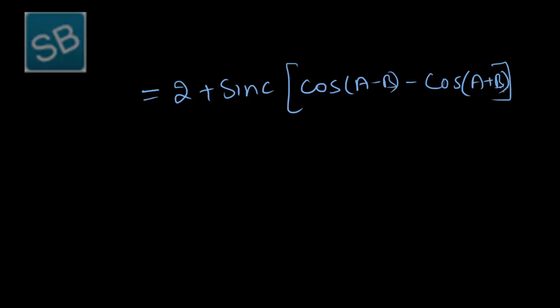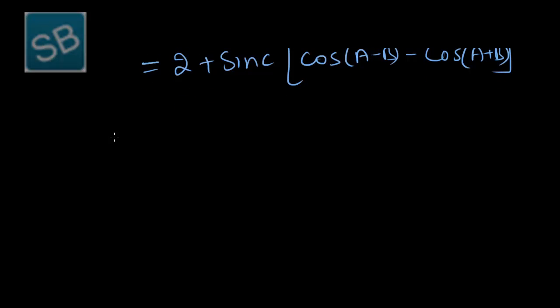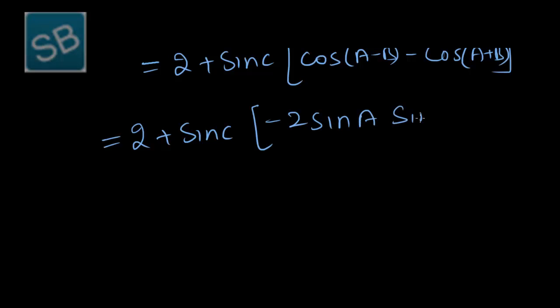So we'll again use here sum or difference in the form of product. So it becomes cos a minus b minus cos a plus b. In the same form we will get 2 sin a sin of minus b, as done in the previous part.